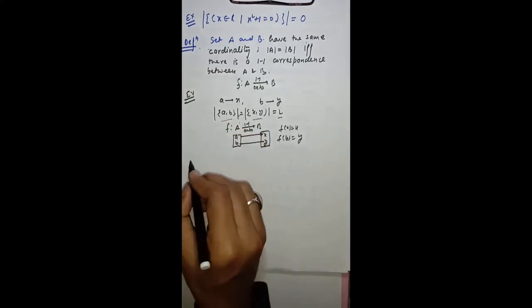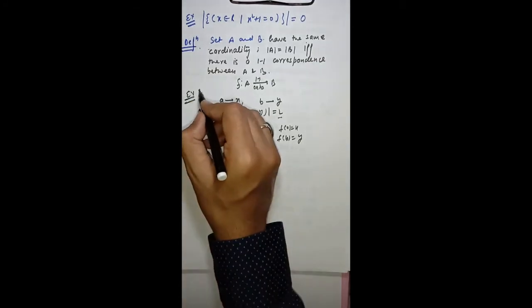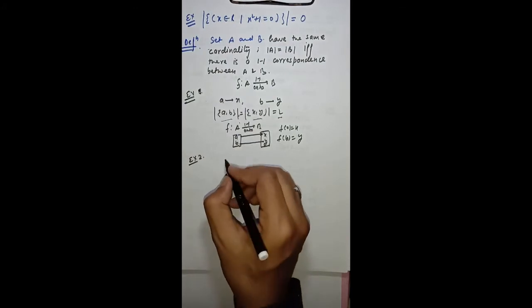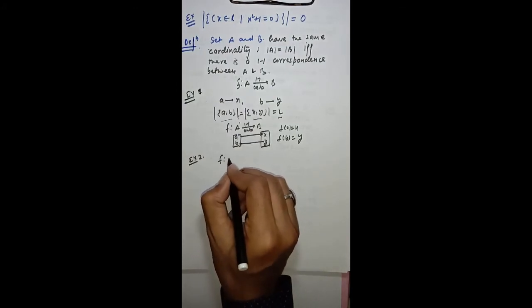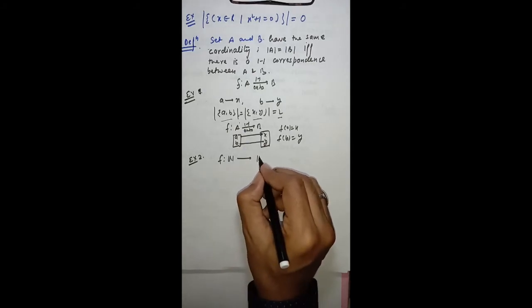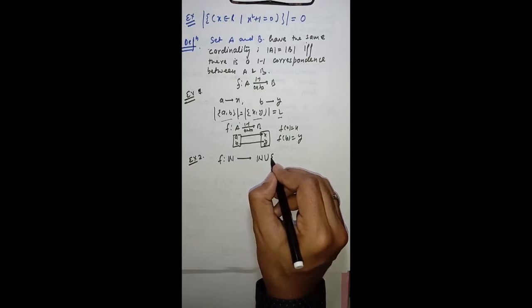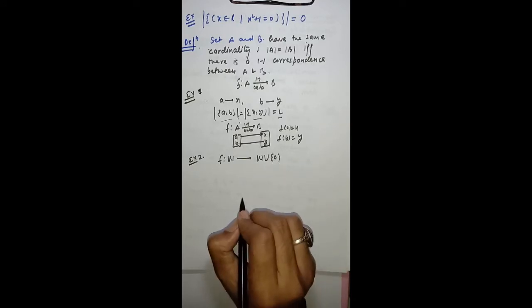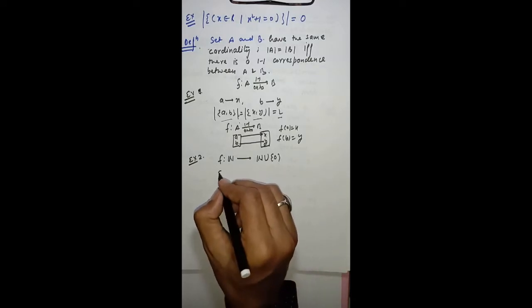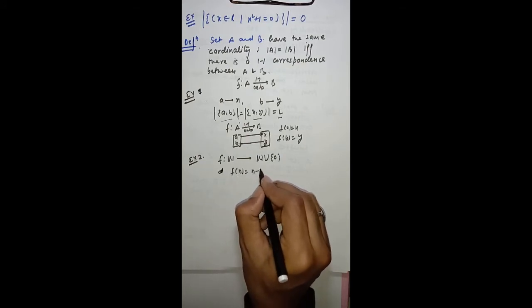Now another very interesting example. Suppose there is a function from N, the set of natural numbers, to the set of natural numbers union the singleton set {0}, defined as f(n) is equal to n minus 1.